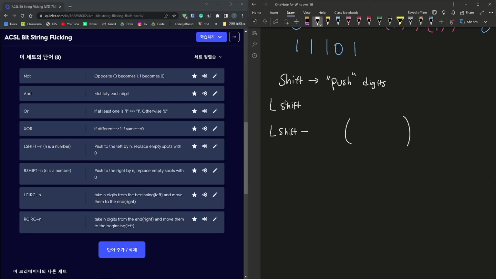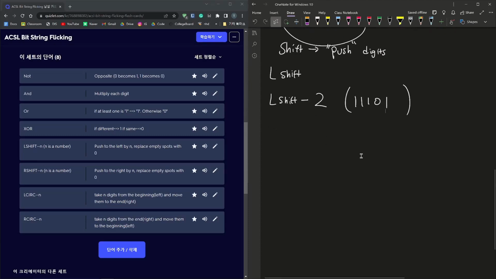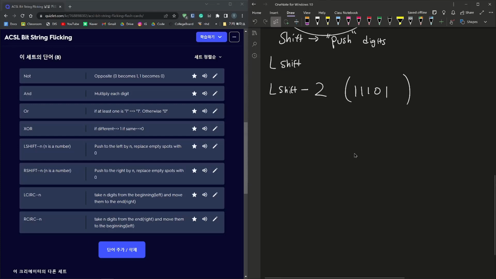Let's create an example. L shift 2, we see this one here, so let's just use this one, 1 1 1 0 1. Okay, here's the steps. 1 1 1 0 1. We create seats for each of the digits, or spots for each of the digits. The definition says push to the left by n and replace empty spots with 0.